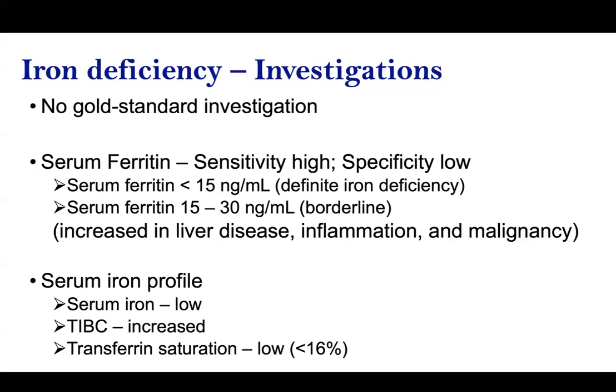If your serum ferritin is less than 15 nanograms per milliliter, you can definitely diagnose iron deficiency. But if the serum ferritin is 15 to 30, it can be borderline. However, you need to know that the serum ferritin can be falsely elevated even in children who have iron deficiency if there is inflammation.